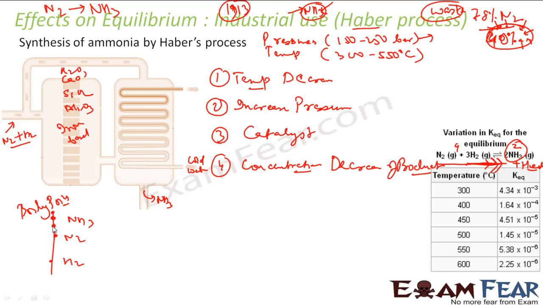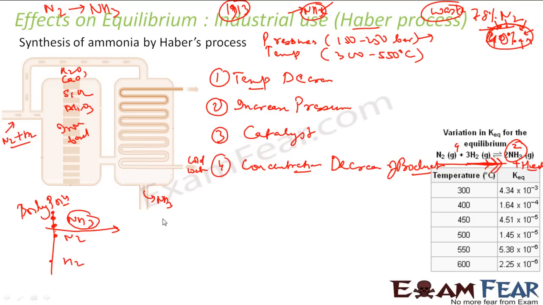If my temperature is here, this will liquefy, but this will still be in gas, right? So I'll put my temperature somewhere here. So with this, ammonia will liquefy and come down. And these guys, nitrogen, hydrogen, will be gas, it will go here, right? So that's why we use coolant to cool down and liquefy ammonia and to take ammonia out.